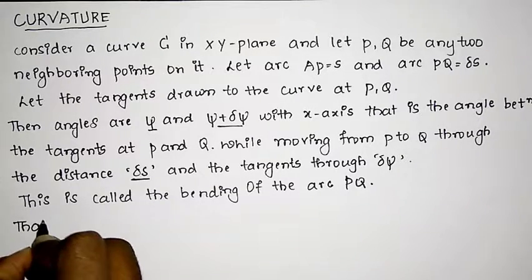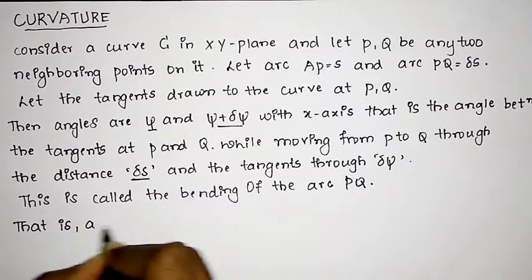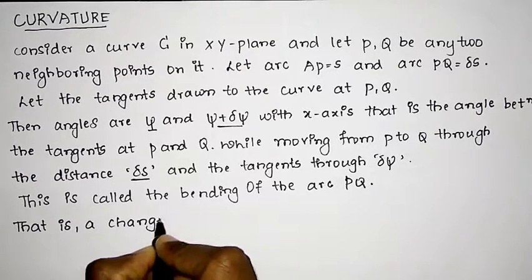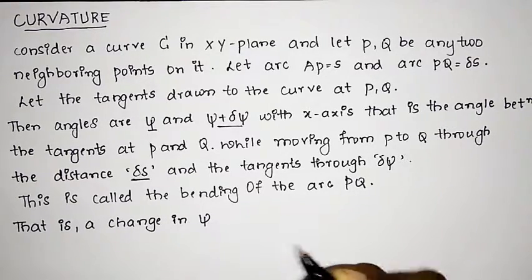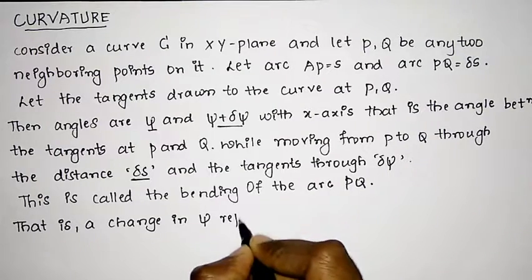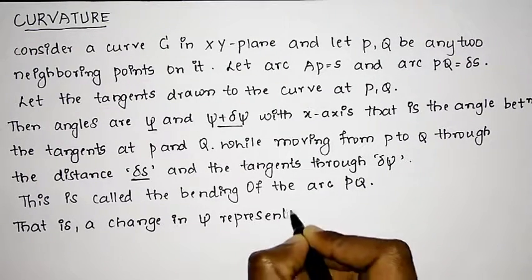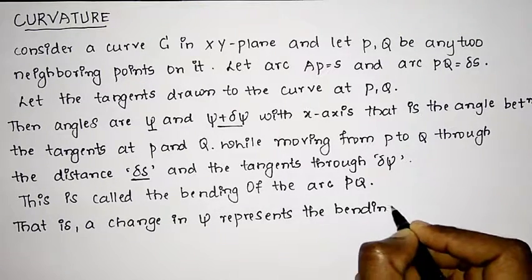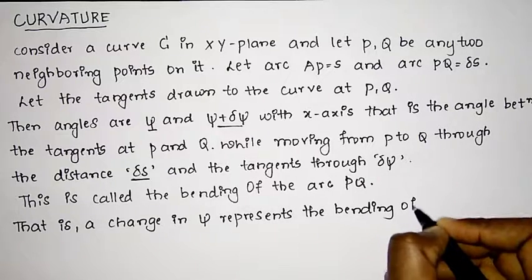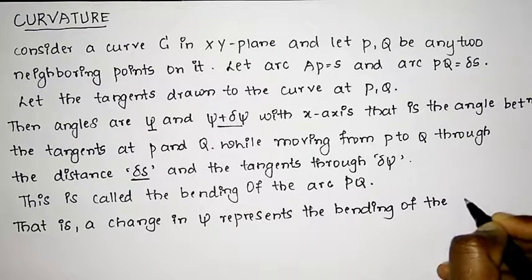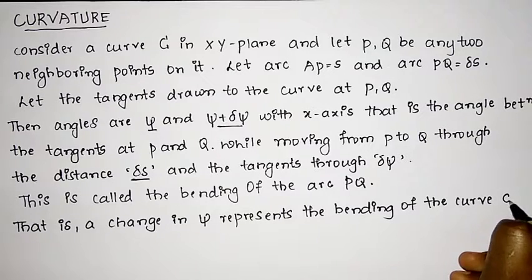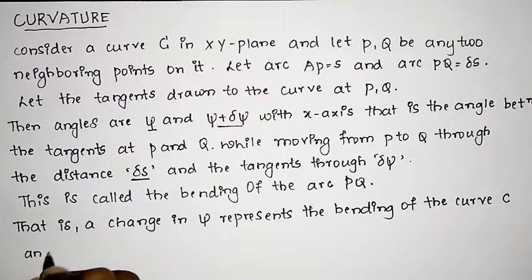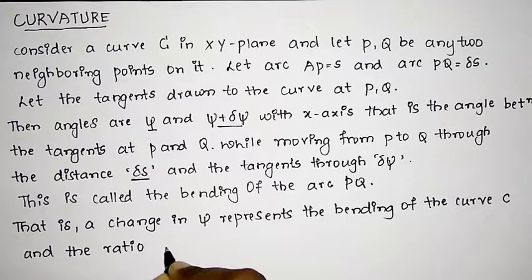That is, a change in phi represents the bending of the curve C, and the ratio, that is delta phi divided by delta S.